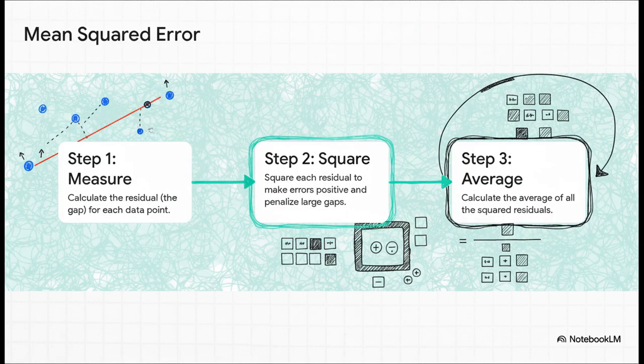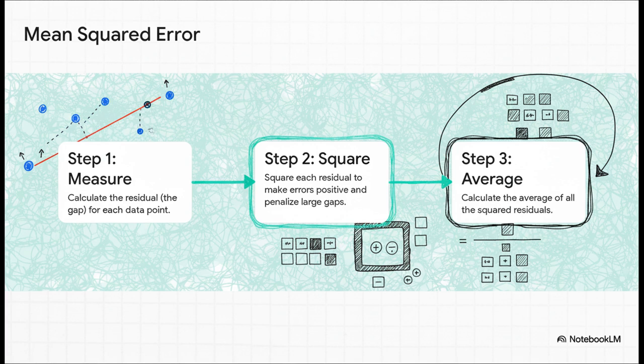Now, we need one overall score for the entire line, not just for one point. And for that, we use a metric called mean squared error, or MSE. It sounds a little mathy, but it's really just 3 simple steps. First, we find all those little errors, all the residuals. Step 2, we square each one of them. Now, this is a clever trick. It does 2 things. It gets rid of any negative numbers, and, more importantly, it punishes the big errors way more than the small ones.